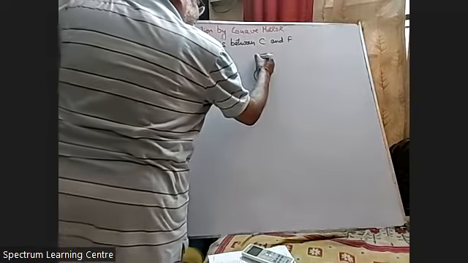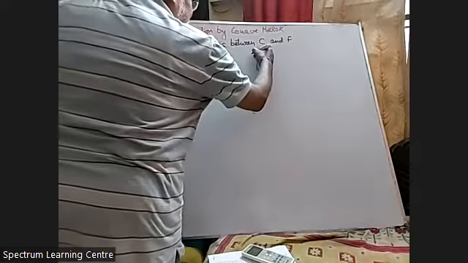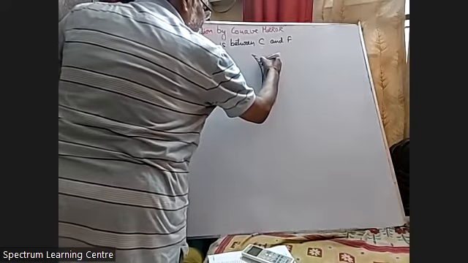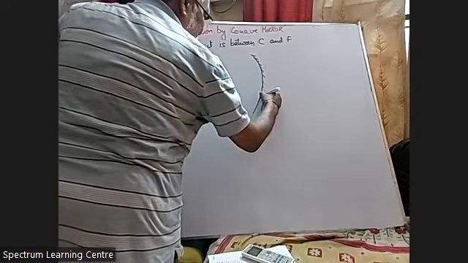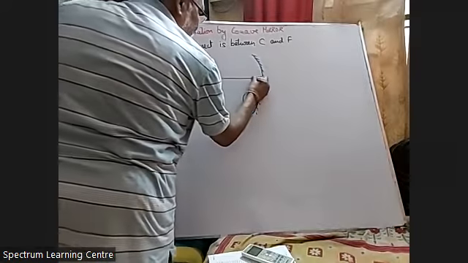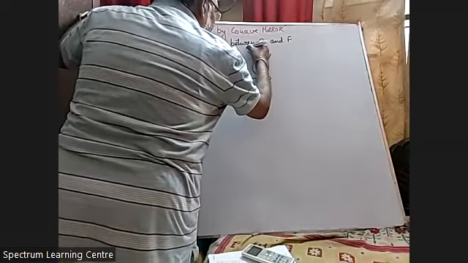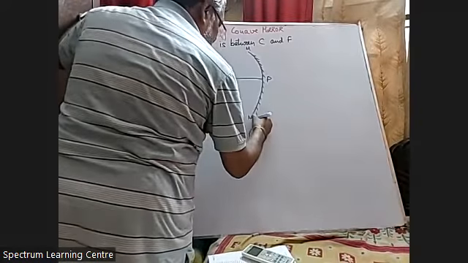Beta, this is getting reversed. It is a reverse case of when the object was beyond C. So this is my pole. This is the mirror, M dash.